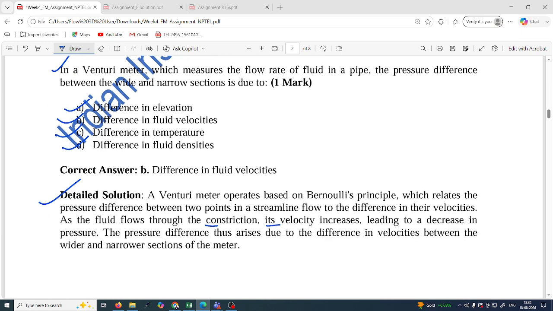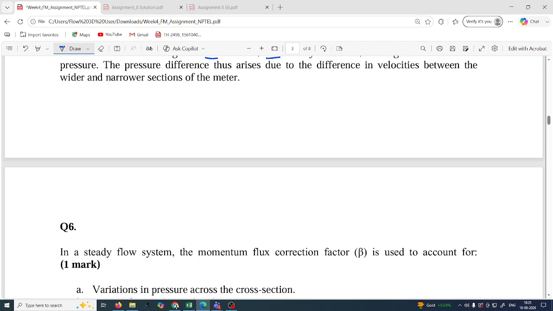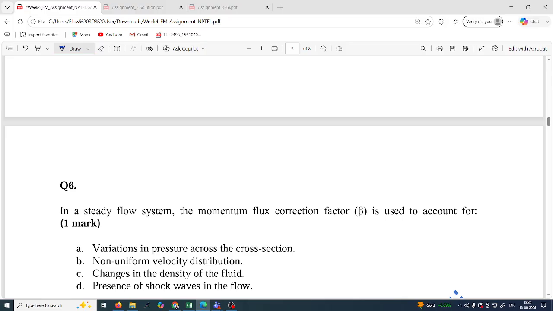So now let us move on to the next question. Question number 6. In a steady flow system, the momentum flux correction factor beta is used to account for: variation in pressure across the cross section, non-uniform velocity distribution, change in density of the fluid, and the presence of shock wave in a fluid.